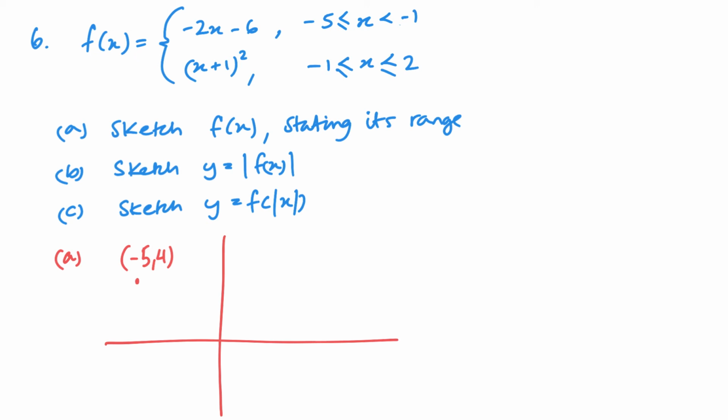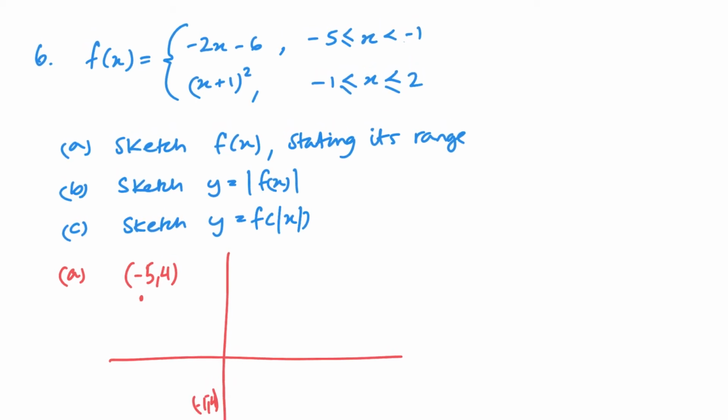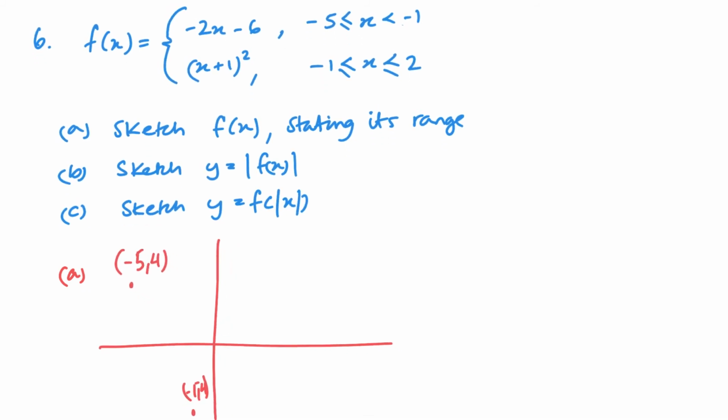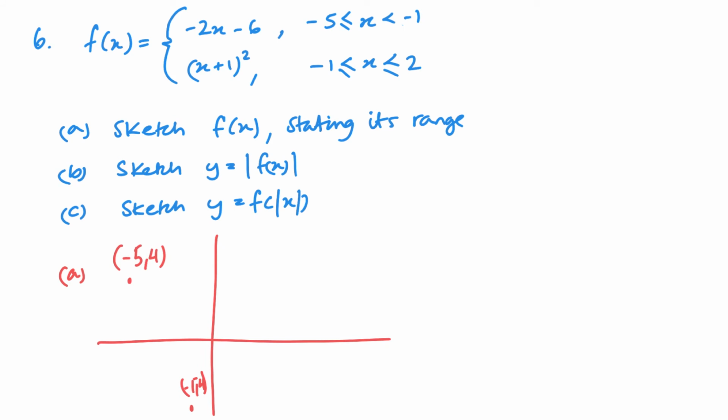But let's look at my last point there, -1 goes in. -2 times -1 is 2. 2 take away 6 is -4. So we're looking at -1, -4. Okay, now just move that up a little bit, give myself a little bit more room.